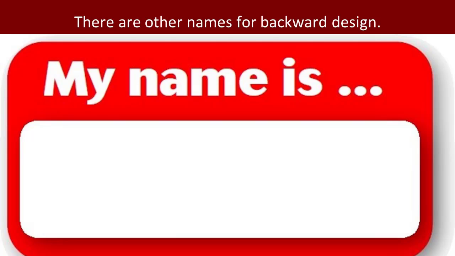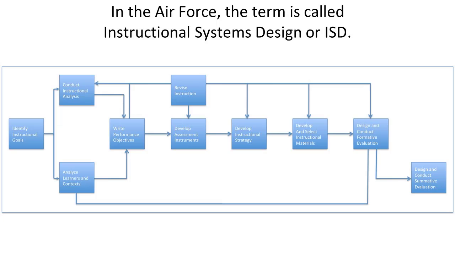I first tripped upon backward design when I was in the Air Force. We had what was called Instructional Systems Design, or ISD. And this is what guided my training department. This is how we built instruction. So we started with the learning objectives that were created from operational requirements. We would have regulations, we would have our operating instructions, and from there we developed the objectives.